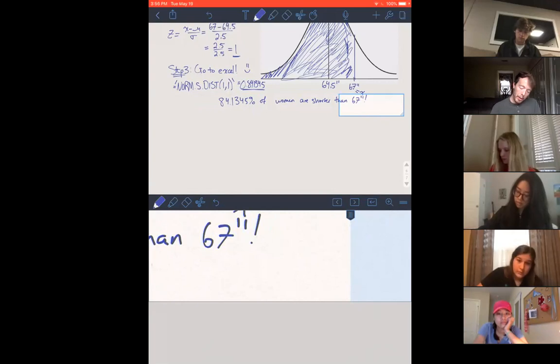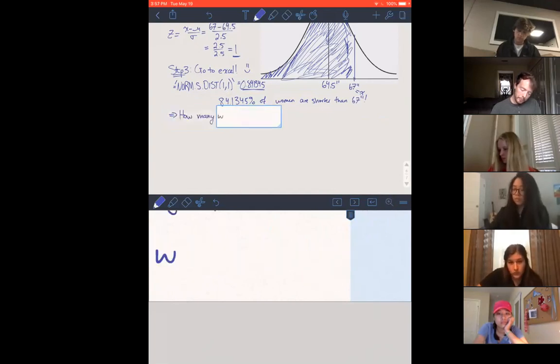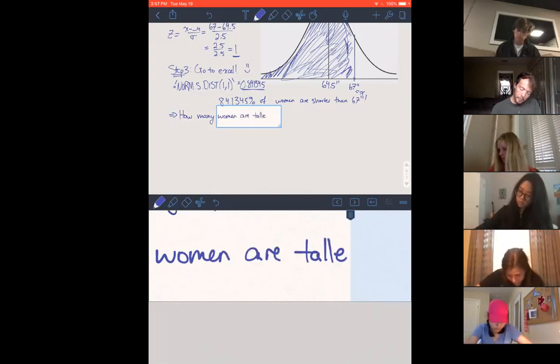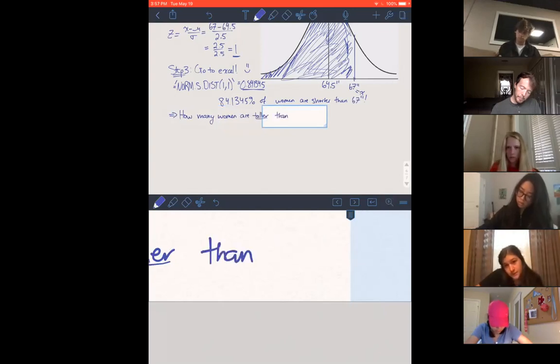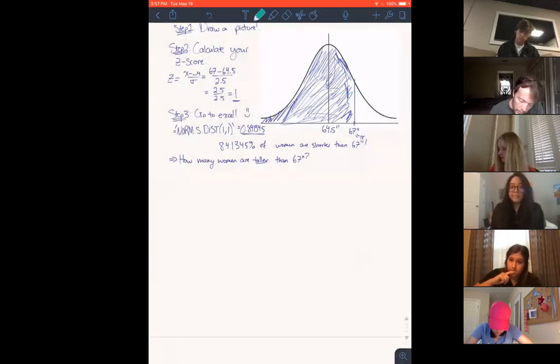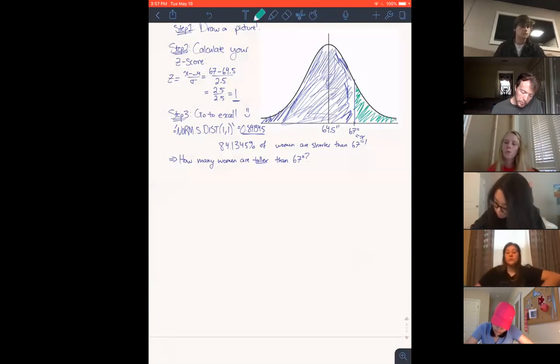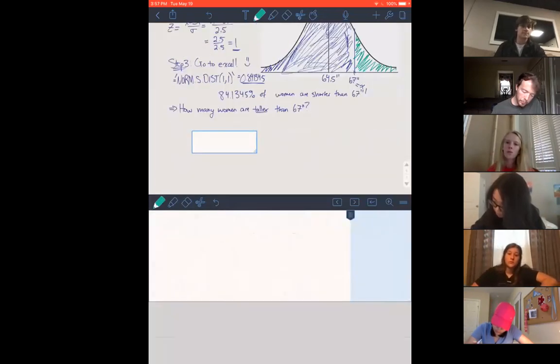All right. So my next question for you is, how many women are taller? Well, our first step, of course, would be to draw a picture, but we already kind of have a picture here. Our picture would correspond to the area above this cutoff, right? So our process is mostly the same.